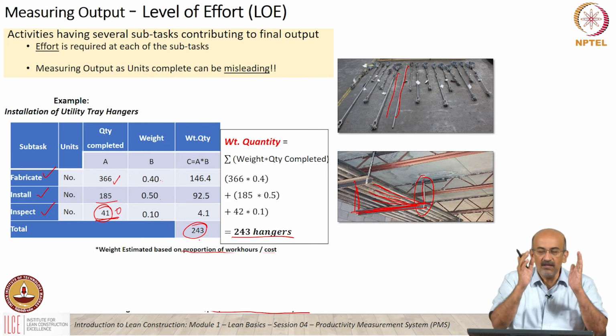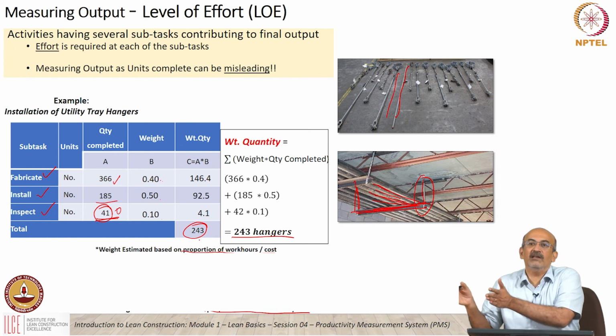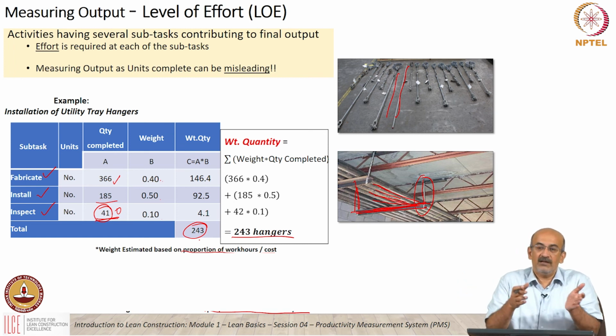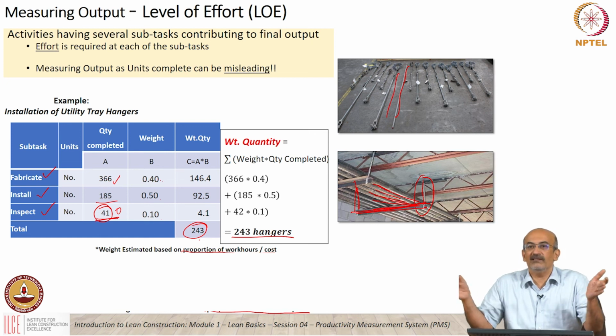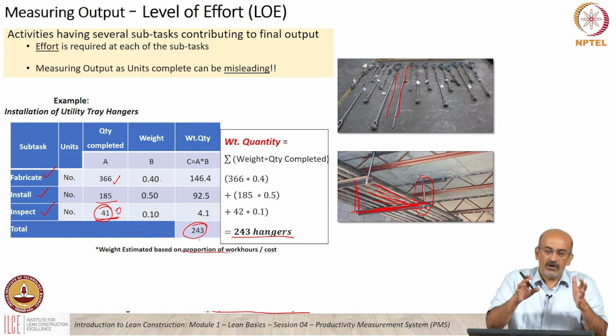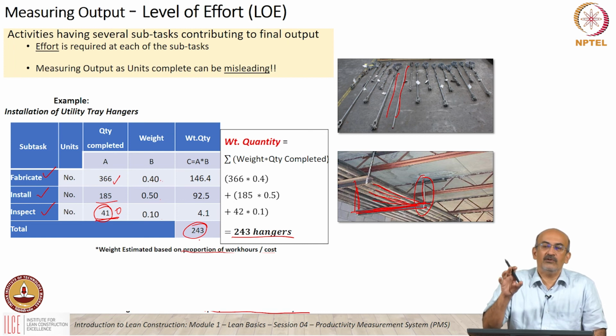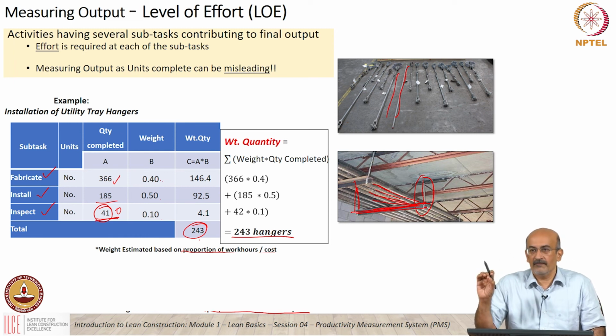That is, if you take a daily view. If you take a weekly view, that might be okay. But similarly, it need not be weekly. The subtask could extend over 2 weeks, 3 weeks. So it's important that the planning and the execution team understands what output measurement is required, and uses it appropriately.